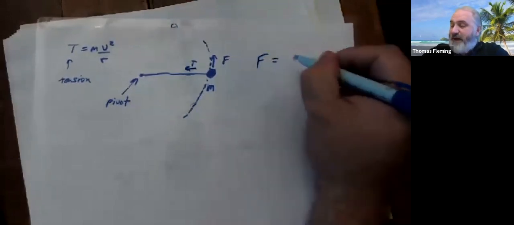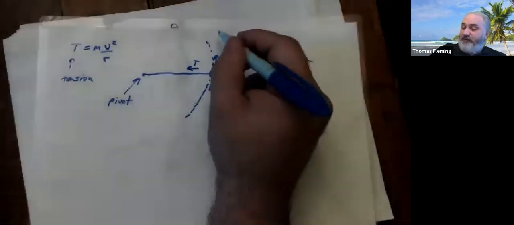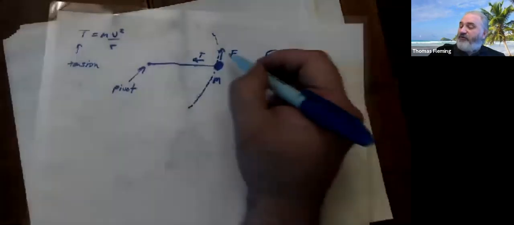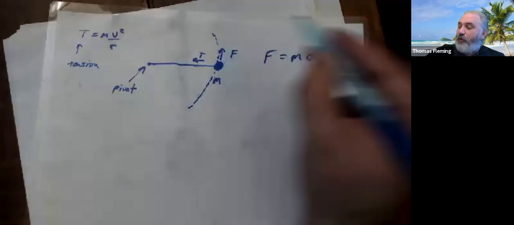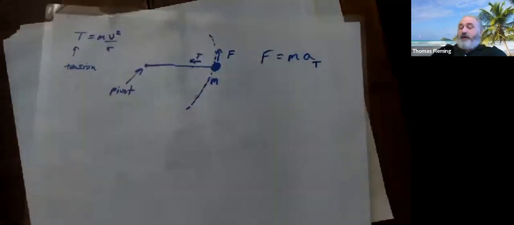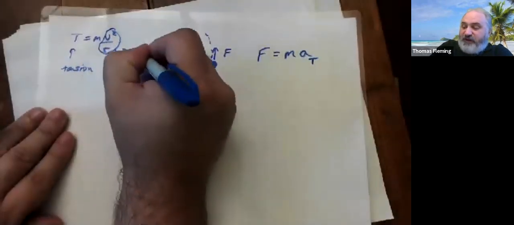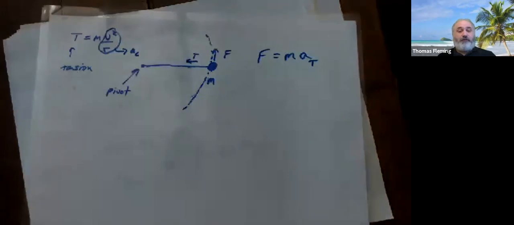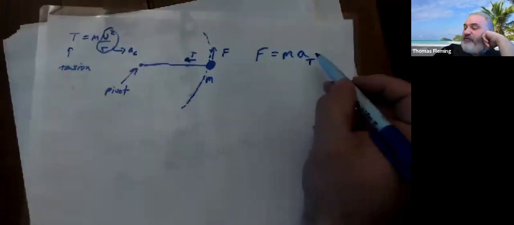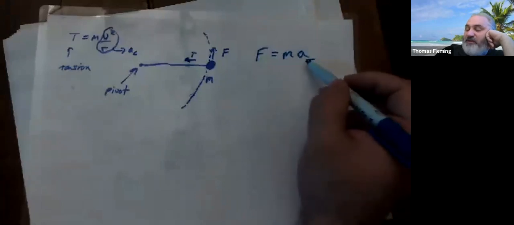And that should equal the mass of the object times however much it accelerates in this direction. And since this is the acceleration tangent to the circle, we're going to call this AT for tangential acceleration, as opposed to this, which is AC, the centripetal acceleration. So this is the new thing that we're dealing with in chapter 10. We're going to allow AT to not be 0.